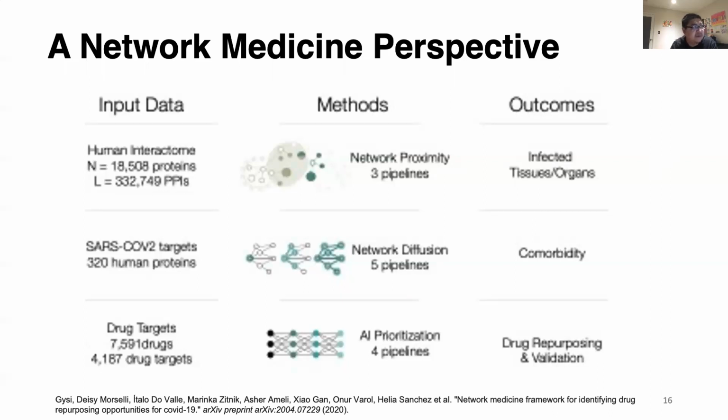I'm sorry, there's some problem with the resolution of this slide, but they implemented different pipelines using learning approaches to measure the proximity among different entities for the different parts of the network, and they built different pipelines, and finally came up with some measures as the proximity of potential compounds and the SARS-CoV-2 virus as the generated hypothesis.